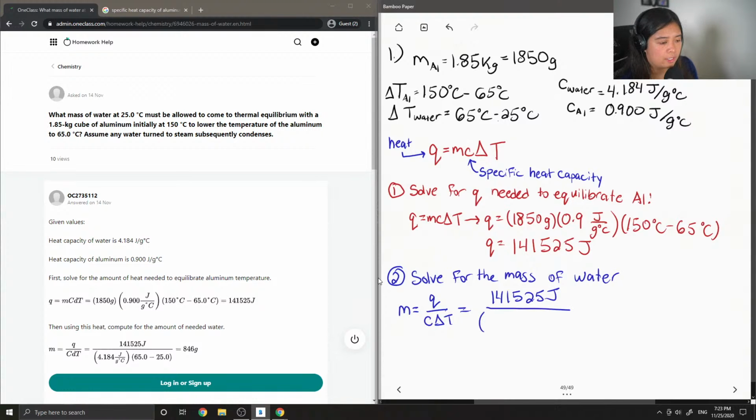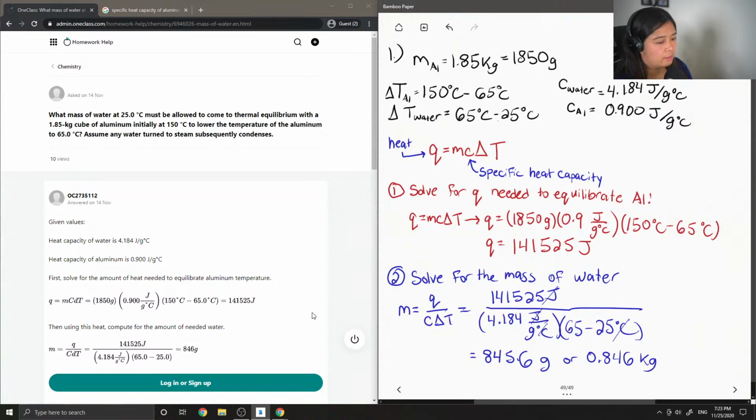This time we will divide it by the specific heat capacity of water, which is 4.184 joules over grams degrees Celsius times the delta T for water, which is 65 minus 25 degrees Celsius. And now you'll notice that our units should cancel out, and we are left with a value in grams, which is 845.6 grams. You can also convert this to kilograms, so 0.846 kilograms.